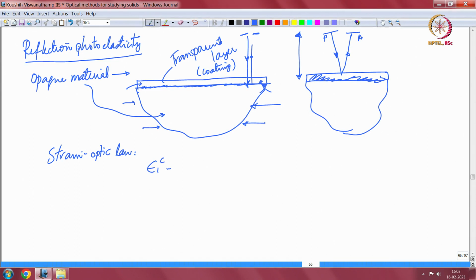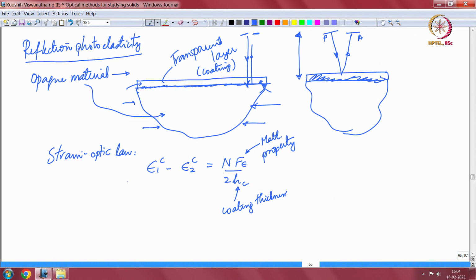So, the difference between the principal strains, epsilon 1 coating minus epsilon 2 coating, is given by some other material constant times the thickness of the coating. This is the coating thickness, and this is some material property, f epsilon, where epsilon is a subscript, and you have this.